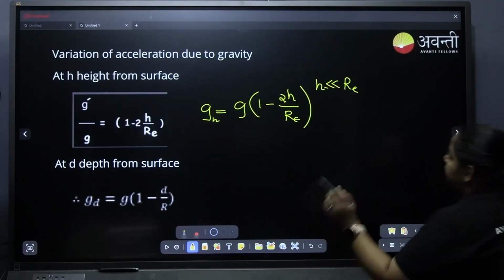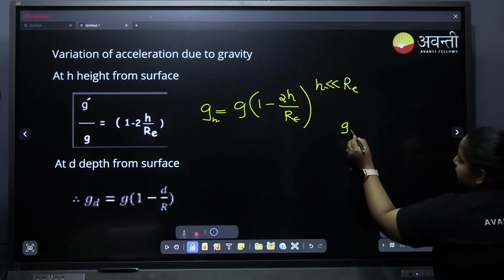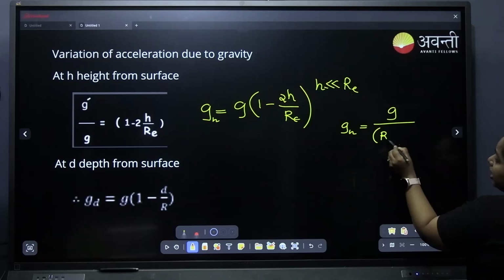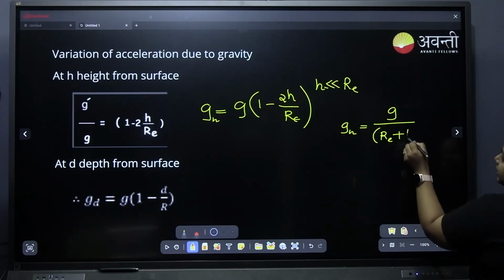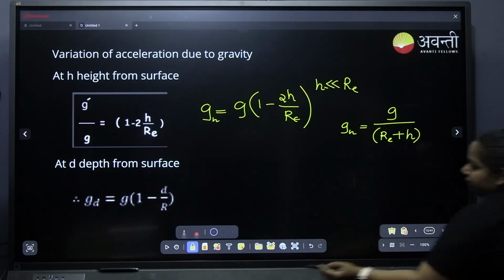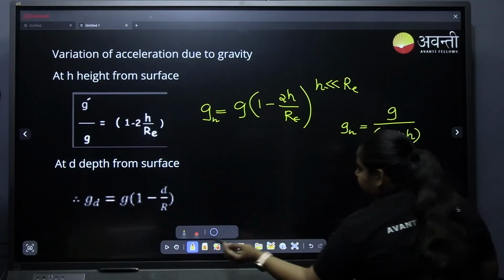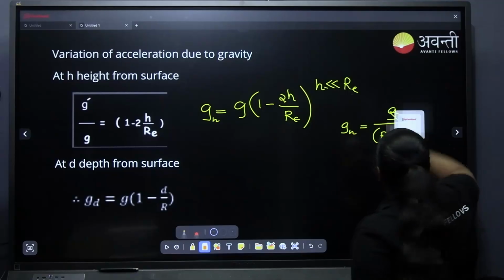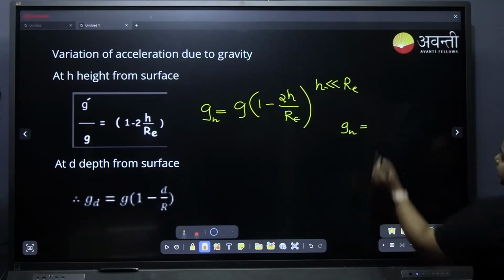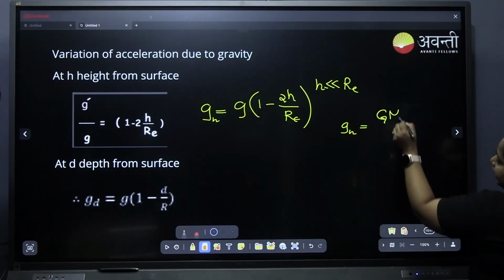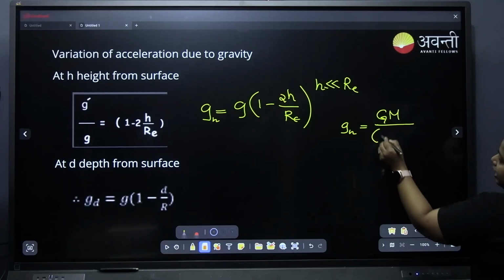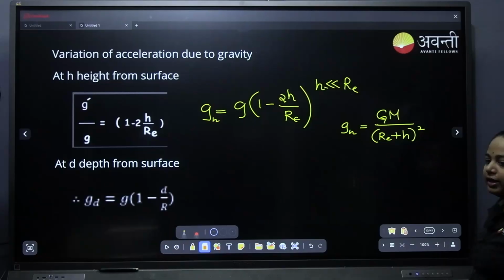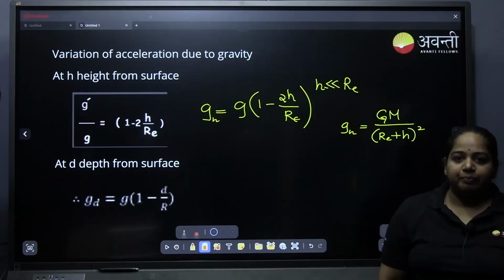Then you have to use the formula g_h equal to, sorry, small g equal to GM by (Re plus h) the whole square. You have to use this formula.